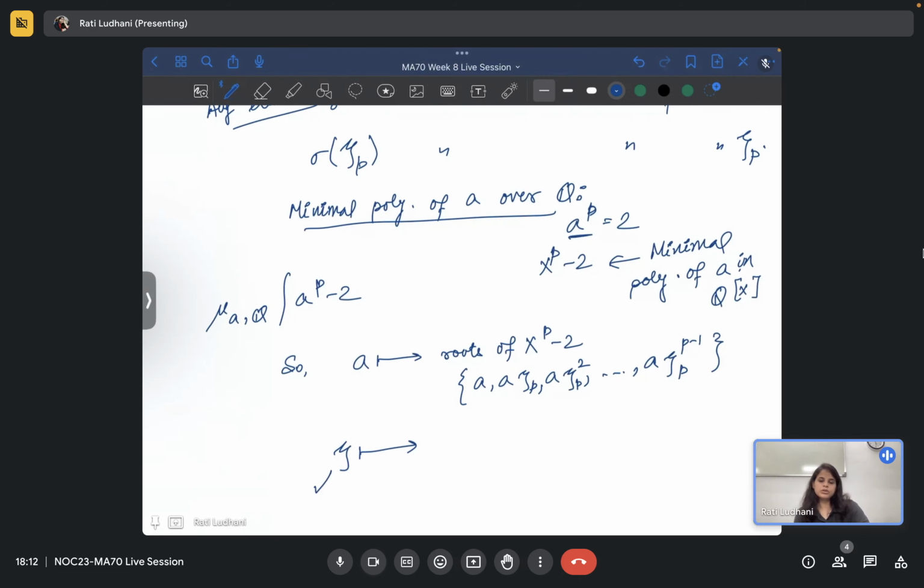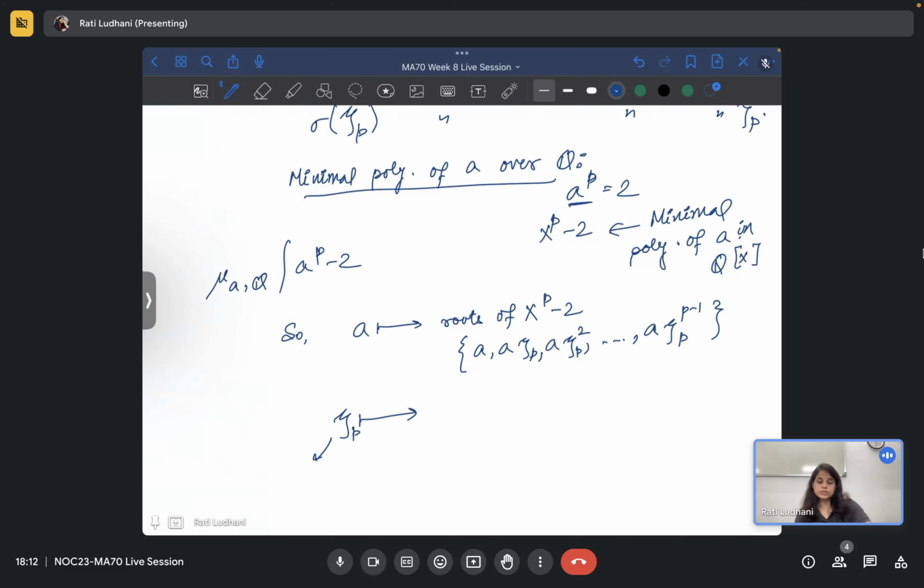What is the minimal polynomial of zeta? That we already know. Tell me, what is the minimal polynomial of zeta?